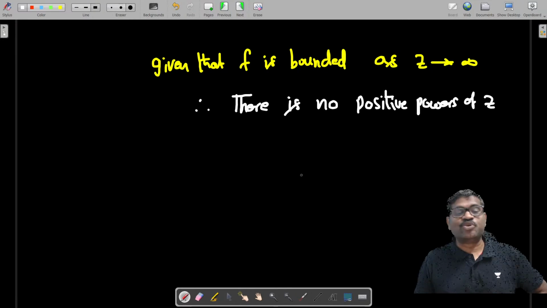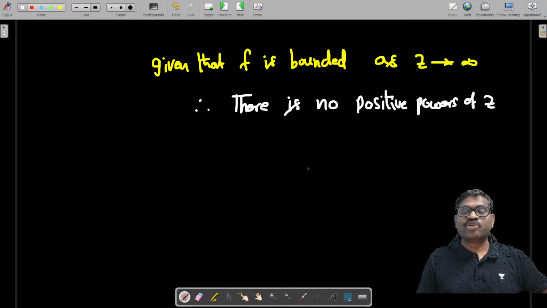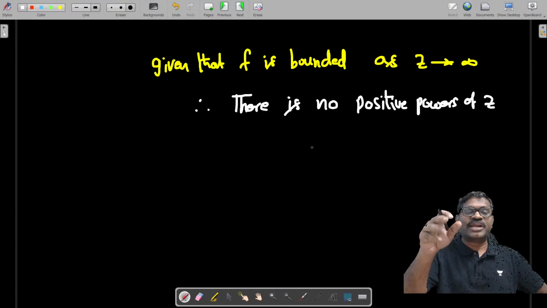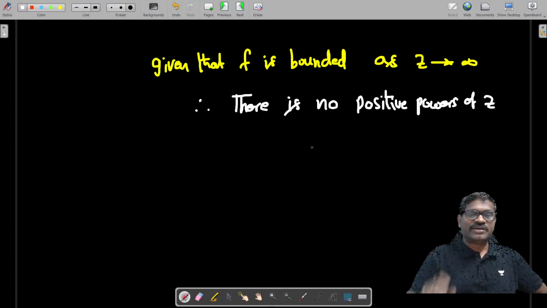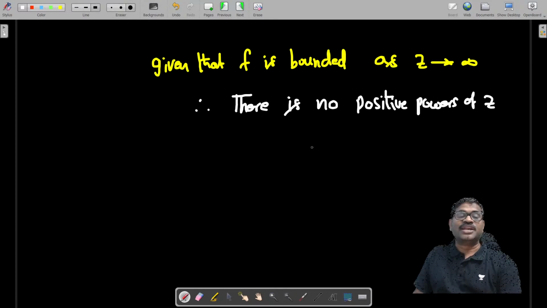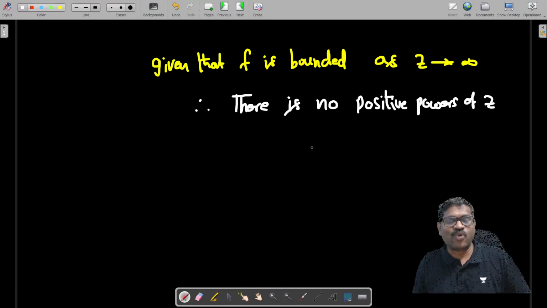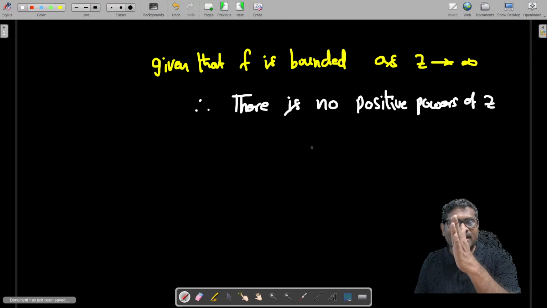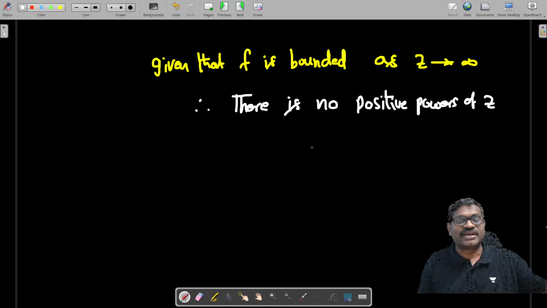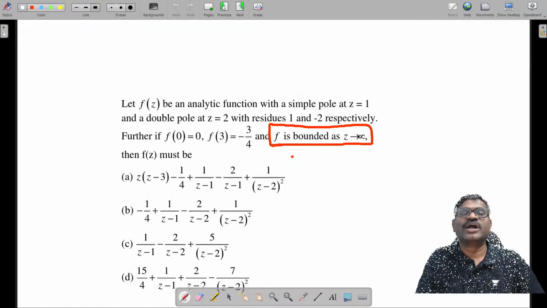If there is a positive power, when z is tending to infinity, that value becomes infinite, then the function is unbounded. That's why there is no positive power of z. Only a constant term will be there or negative powers will be there. There is no positive power. Now come here.